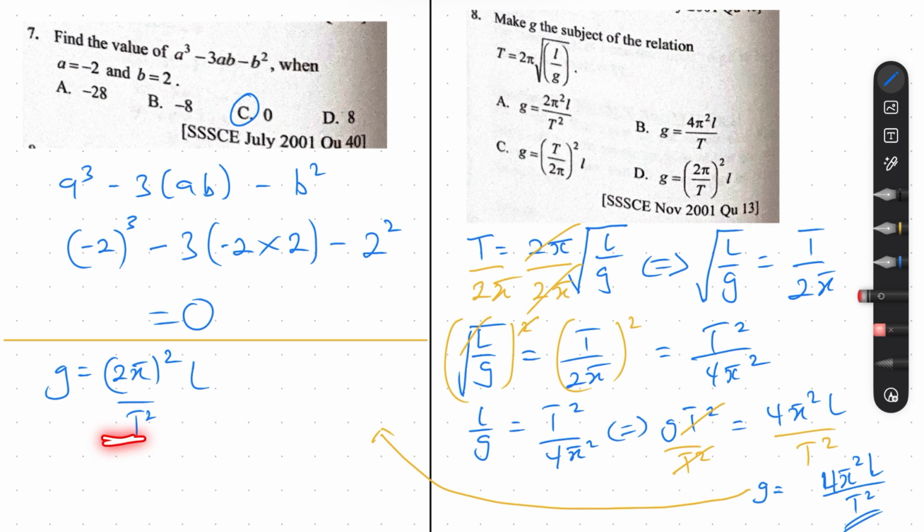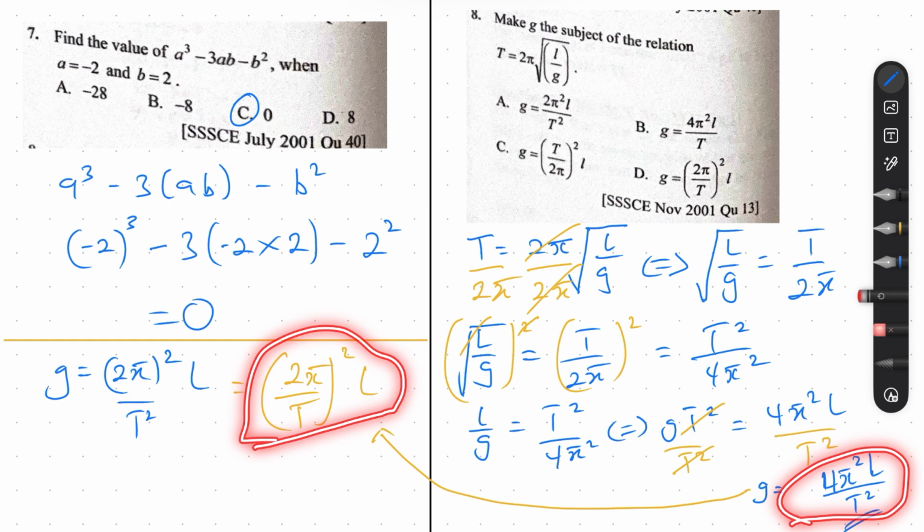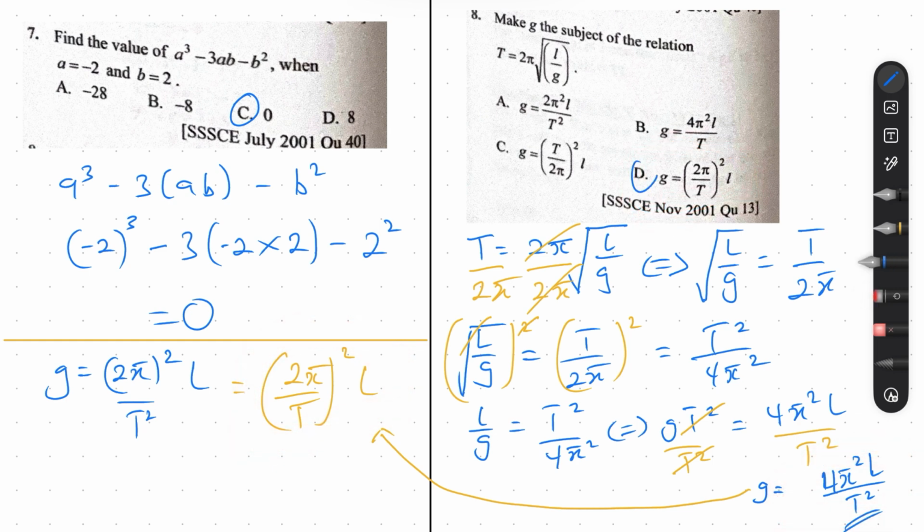So that will be 2 pi over t, all squared, times L. So now our answer, which was originally like this, still looks like this. It's the same thing right here. So our answer is D.